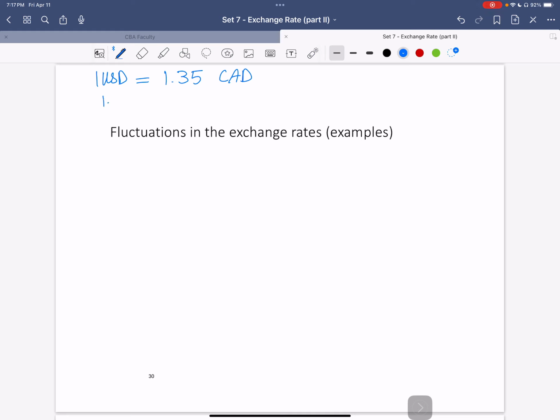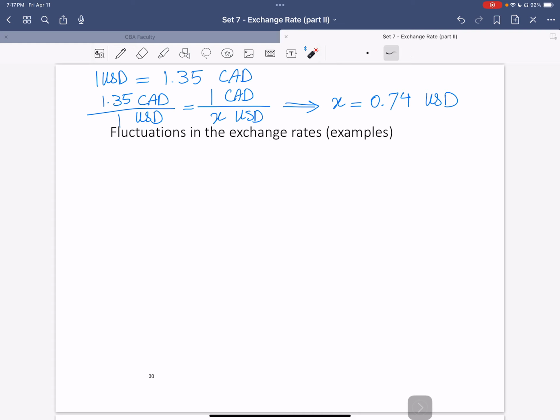Or we can say 1.35 Canadian dollars per US dollar is equal to 1 Canadian dollar per X US dollars. And I can find this X value being equal to 0.74 US dollars. So 1 Canadian dollar is equal to 0.74 US dollar.